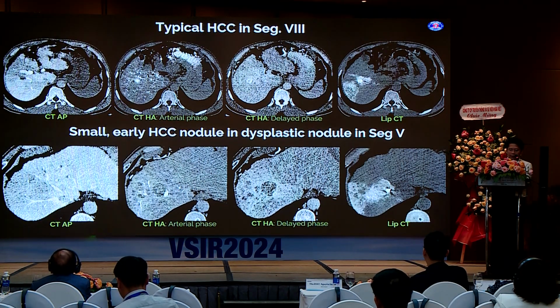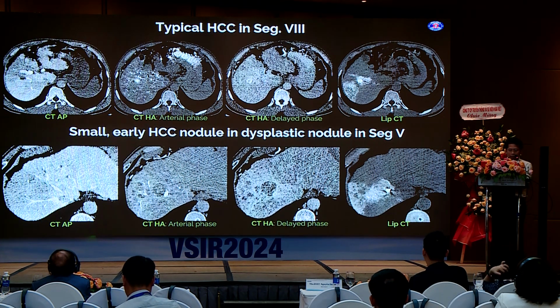On angiosync, you can see clearly the smaller nodule is a typical HCC with hypoperfusion in CTAP, early enhancement, washout and corona enhancement. And the interesting thing here is in the larger nodule, we can see a small portion that has typical features of HCC and is located in a larger nodule that had decreased portal flow and arterial flow.